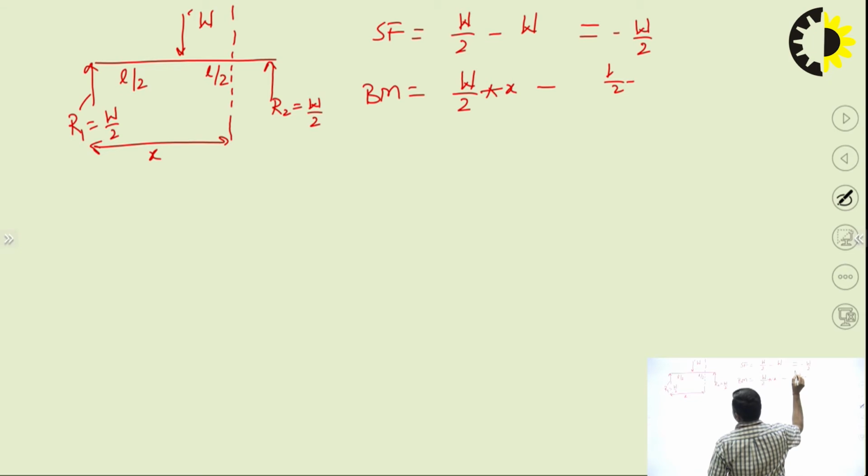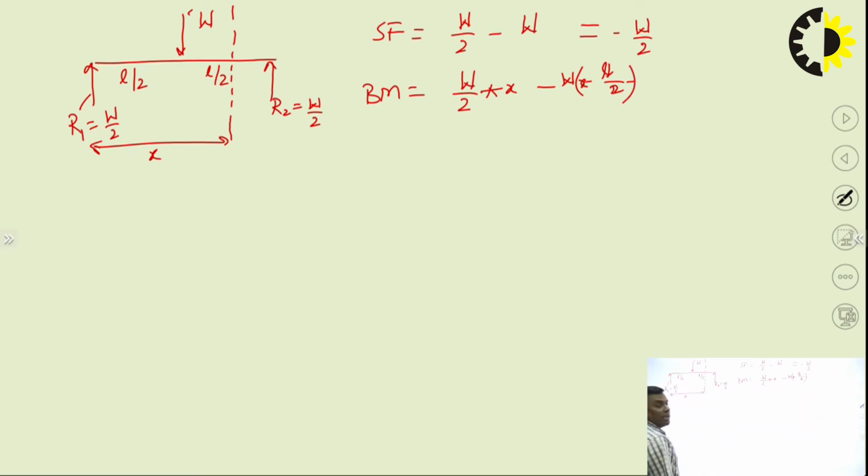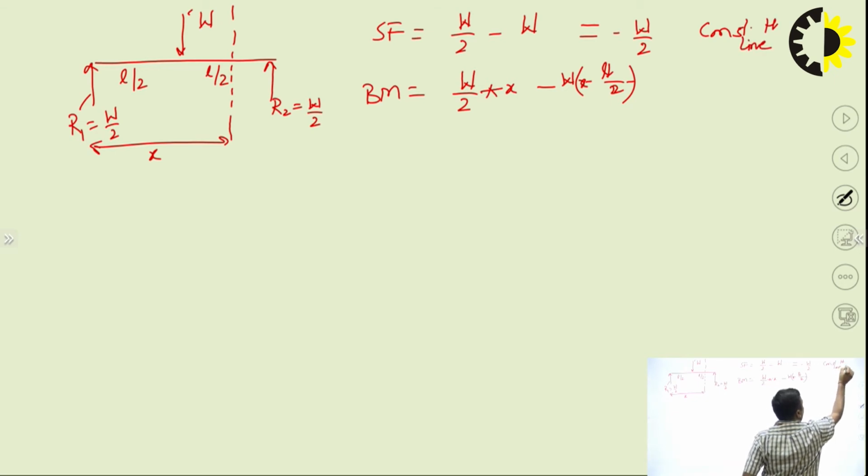How much will it be? Can I write W into (x minus L by 2)? Here we can observe two things. The shear force equation is the equation of a constant horizontal line, in the form of y equal to constant. So it will be a horizontal line.